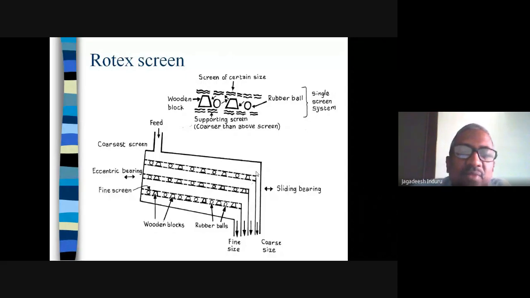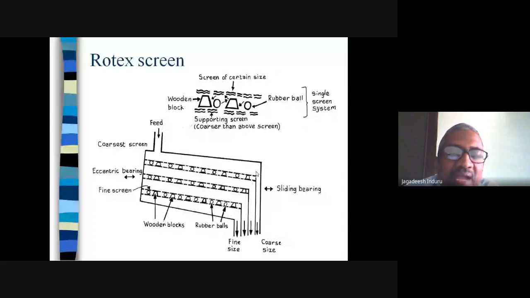Then it is going to the middle setup. In the middle, it is separating again into plus material and minus material. The minus material will fall onto the third screen at the bottom, and the plus material of the middle will separately go out in the second arrow from the extreme right. Now the material which is a minus falls onto the third screen.